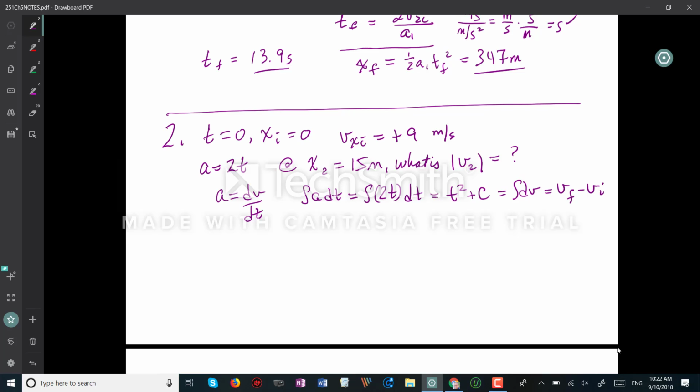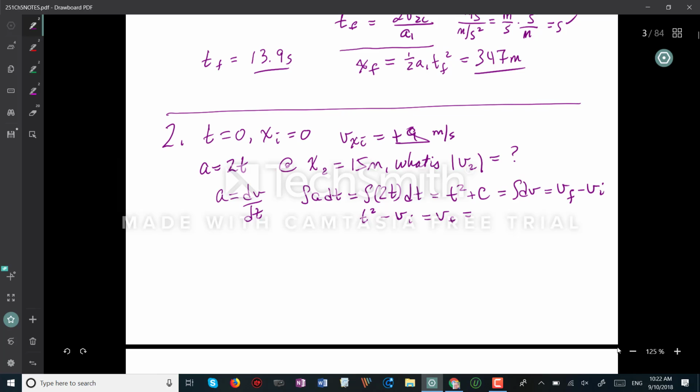Well, we didn't say what c was, but at t equals 0, what does a look like? 0. So I'm going to get hopefully something like t squared minus v initial equals v final. What is v initial, though? Positive 9.